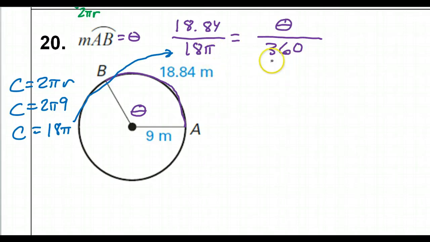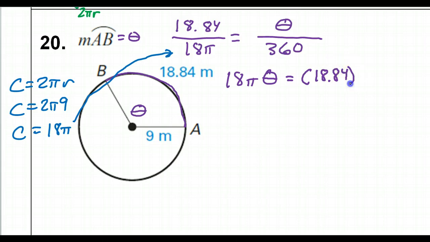So we just have to cross multiply. We're kind of just stuck with these big numbers. If we cross multiply going in this direction, I'm going to have 18 pi theta is equal to 18.84 times 360.